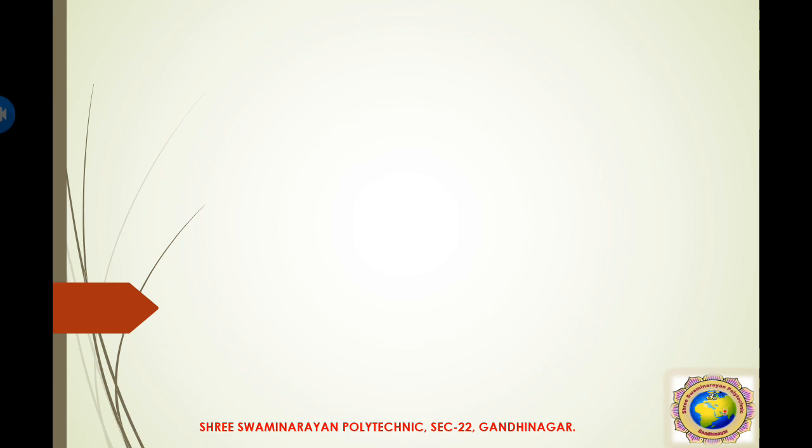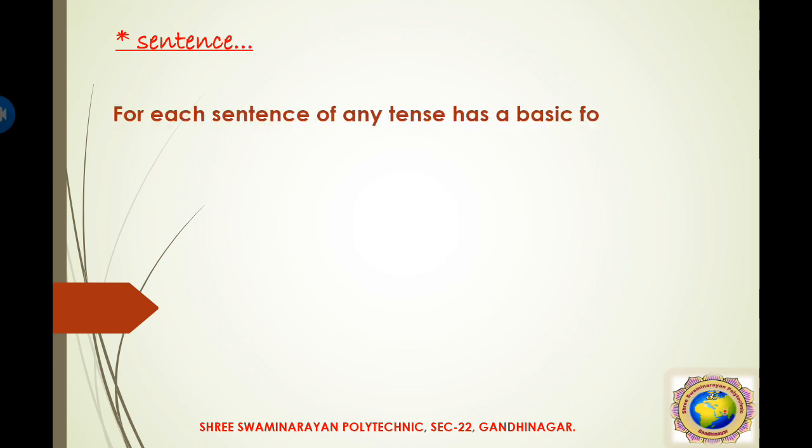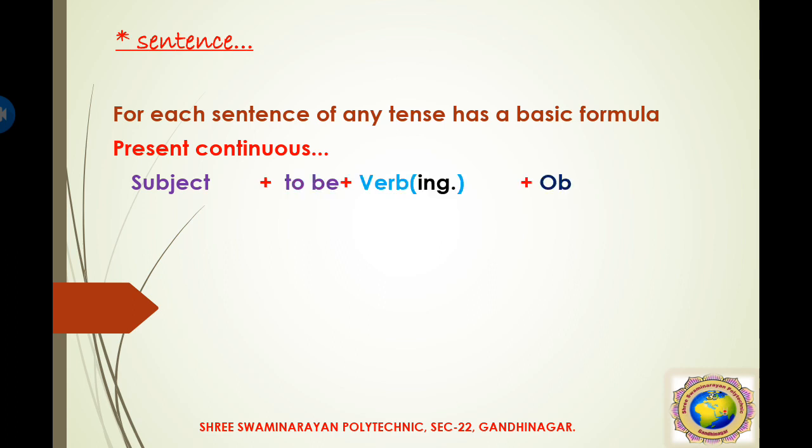What is new in this session? Each sentence of any tense has a basic formula. As we know, the basic formula of the present continuous form is subject plus to be plus verb ing and object. So what is the difference from the previous one?